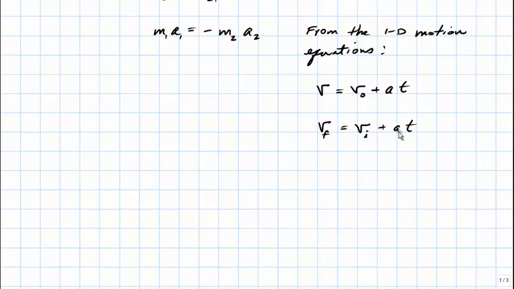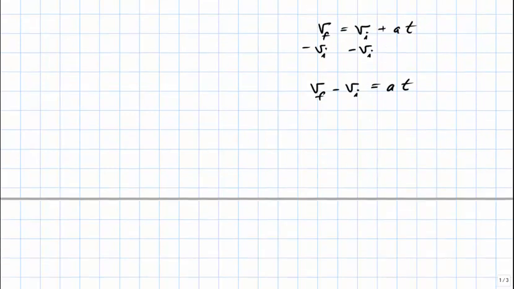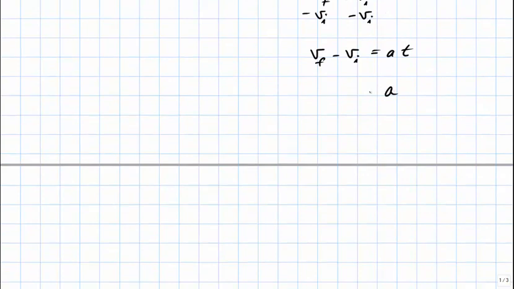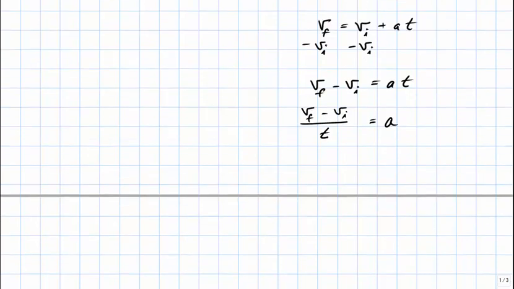Now, we can solve this equation for acceleration by first of all subtracting v initial from both sides. That yields v final minus v initial equals at, and we can solve for the acceleration by dividing both sides by t, and that'll yield v final minus v initial divided by time.